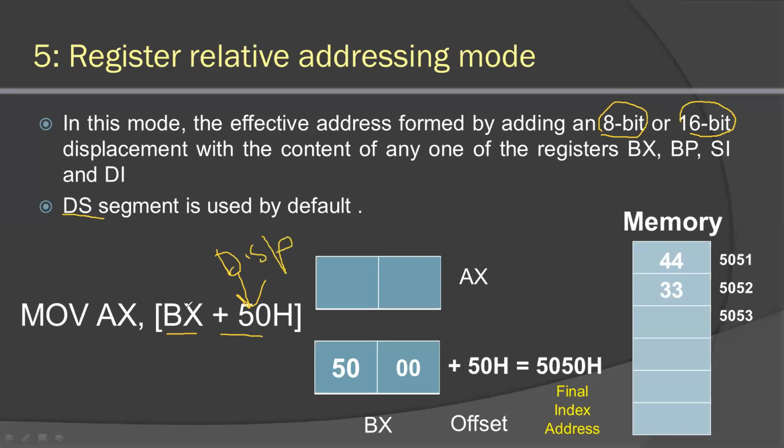So the value of BX register will be added to this value to form the final effective address. Now, for example, let us consider the value of BX is 5000. Then 5000 plus 50 is 5050. Again, this will form the final effective address.